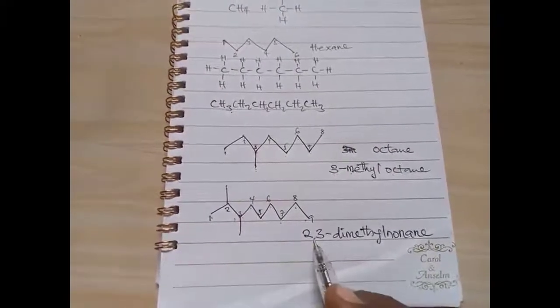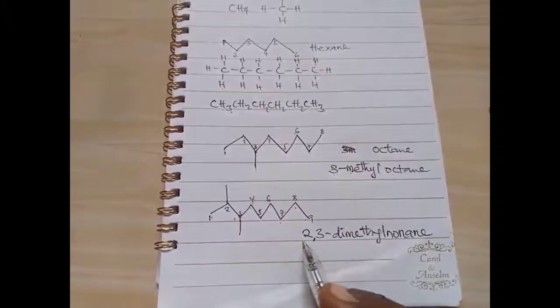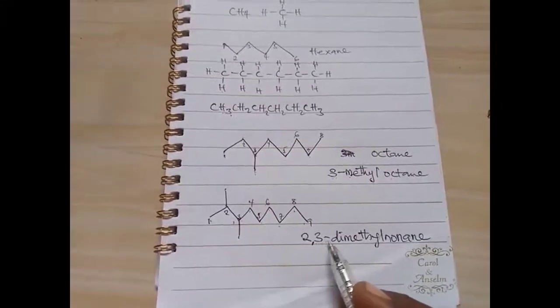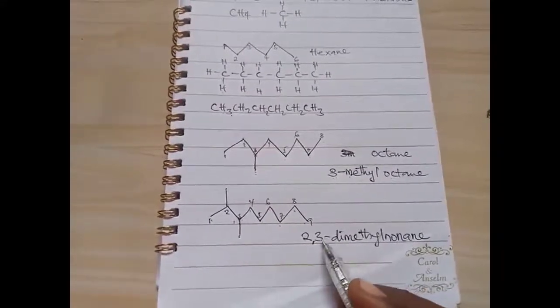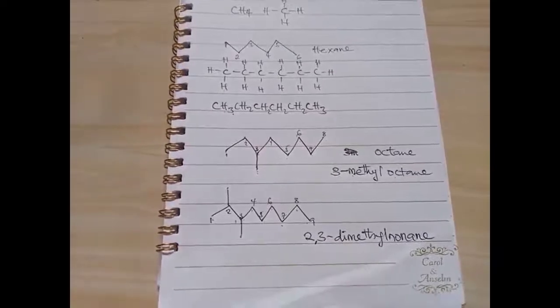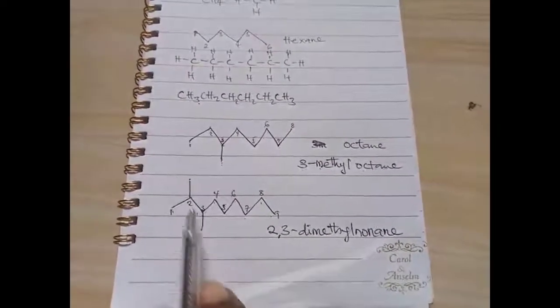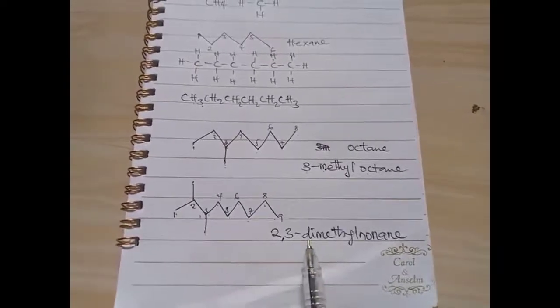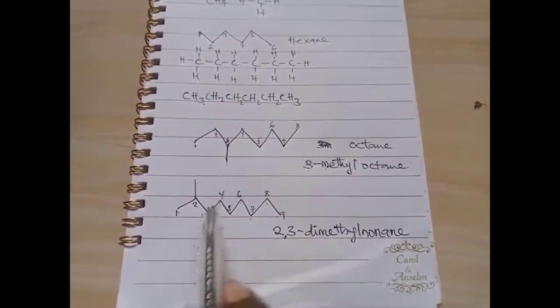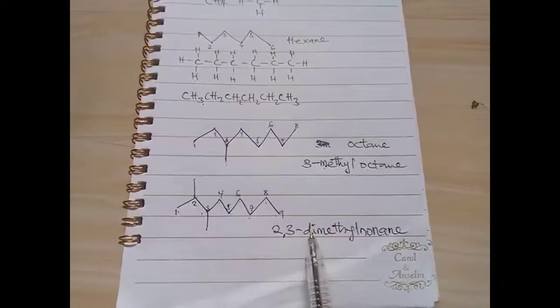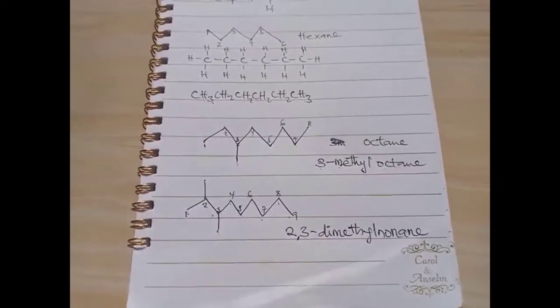We use a comma to separate two numbers. We use a hyphen to separate numbers from words. If we have 3 substituents like the same methyl, it becomes trimethyl. If there are 4 substituents that are methyls, it becomes tetramethyl.